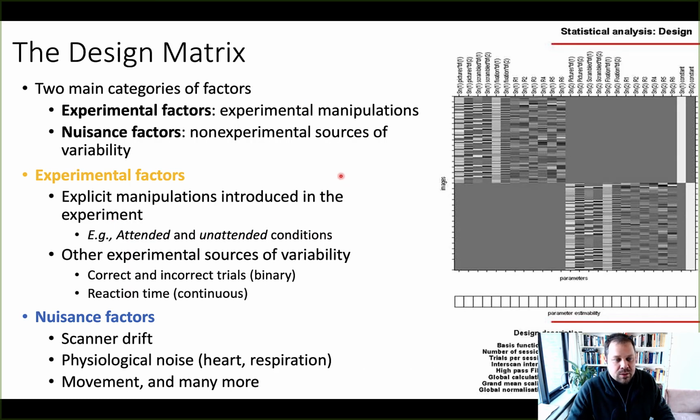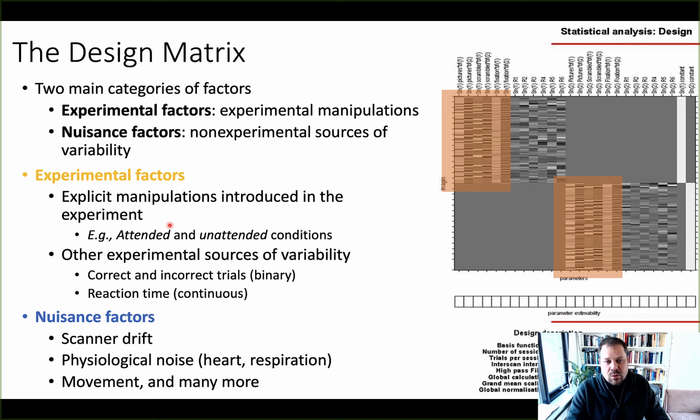Just to go over this in more detail, this is what a design matrix looks like. This is a relatively simple design matrix in SPM, but it can be subdivided into different parts. This is the kind of output you get when you specify your experiments, when you specify your regressors in SPM. We have the experimental factors, which are shown here in orange. They are the explicit manipulations that you introduced in your experiments.